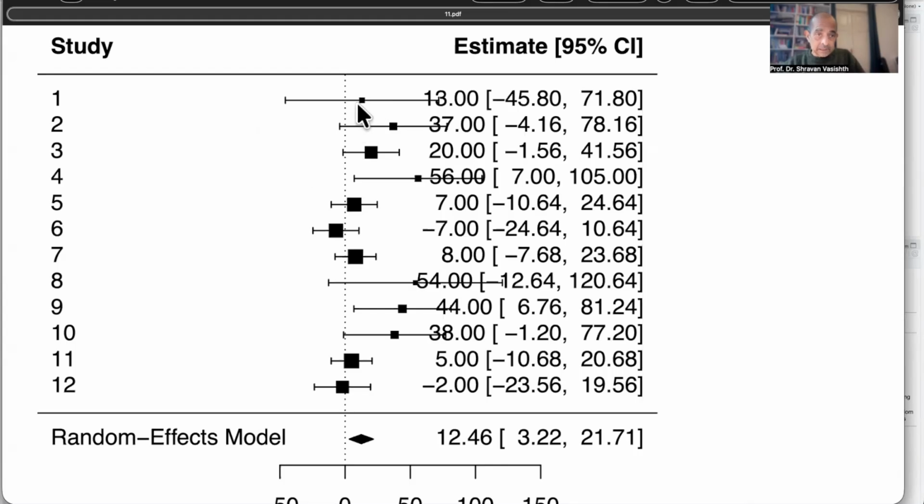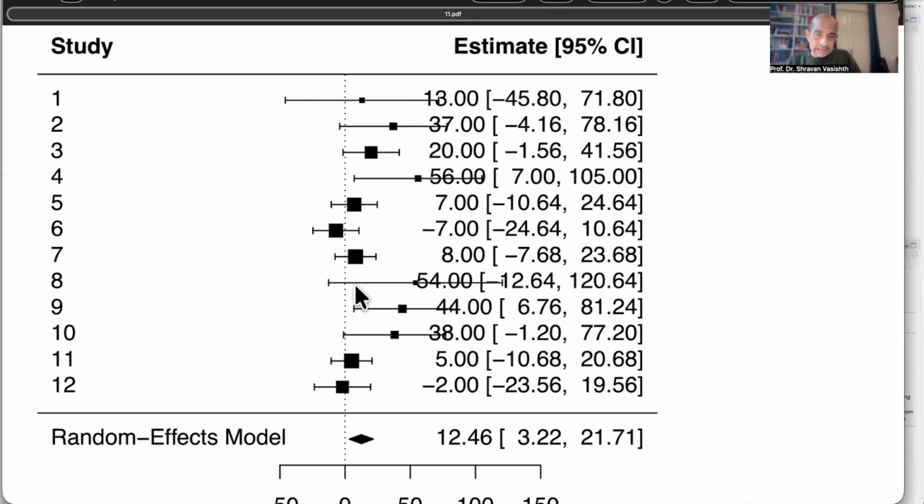So this study has a small square. You see the large uncertainty. This study has a very tight interval, so it has a bigger square, etc. So it's representing which studies have more accurate estimates, because the standard error is small, and which studies have very high uncertainty, therefore hard to take seriously.